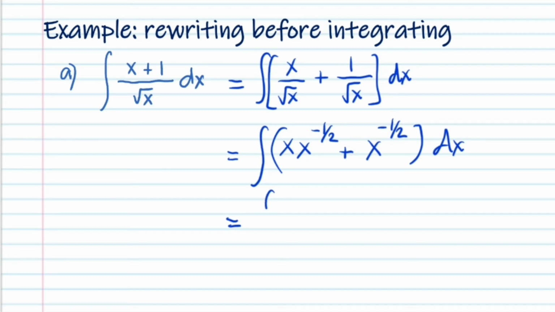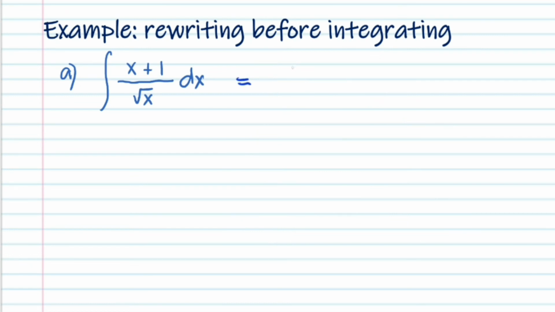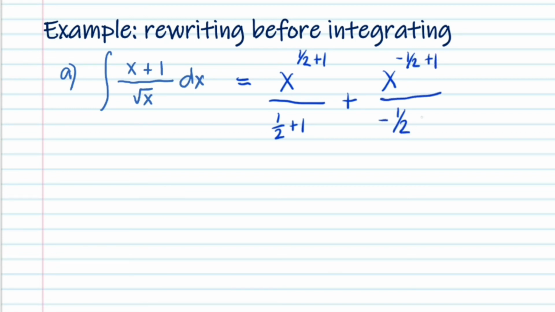So we'll have the antiderivative of x to the 1/2 plus x to the negative 1/2. Then we have x to the 1/2 plus 1 over 1/2 plus 1 plus x to the negative 1/2 plus 1 over negative 1/2 plus 1 plus constant.